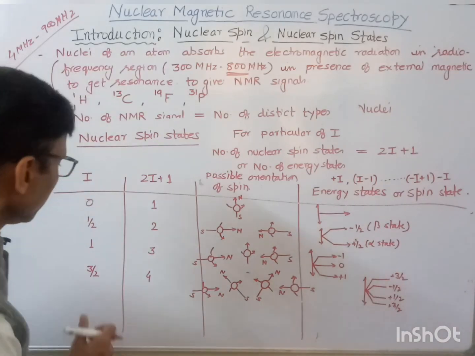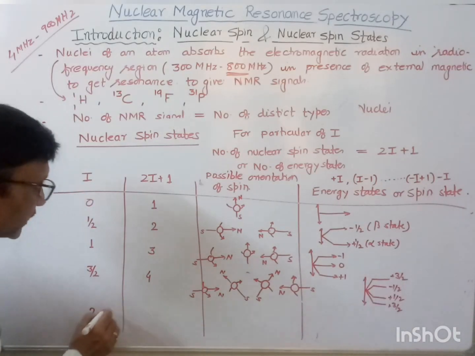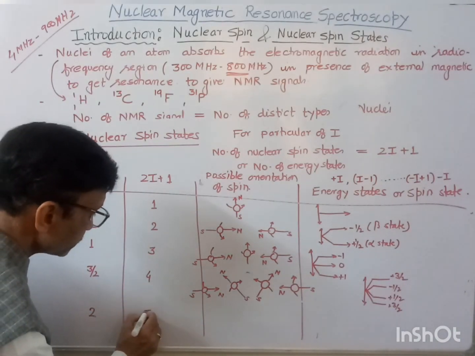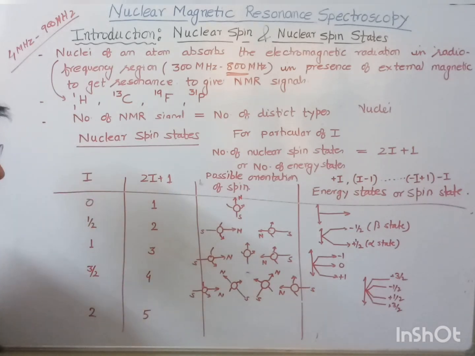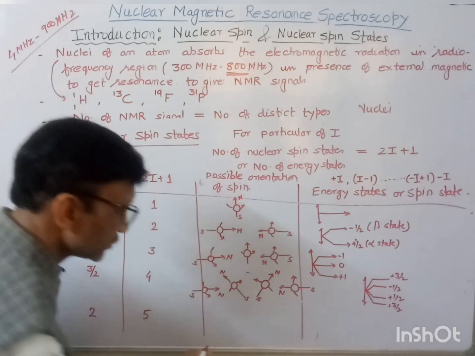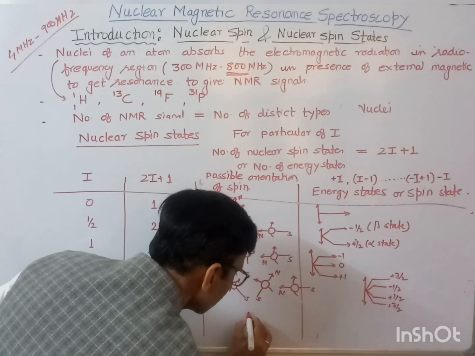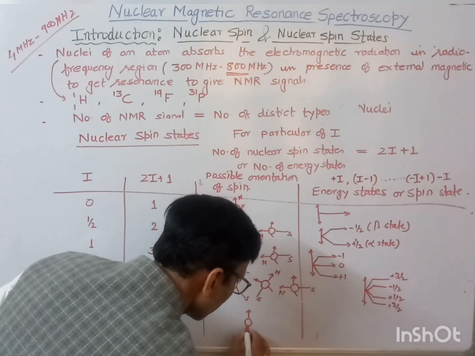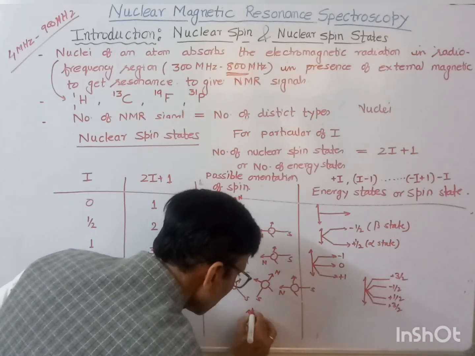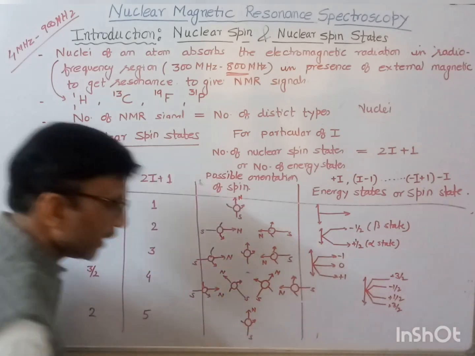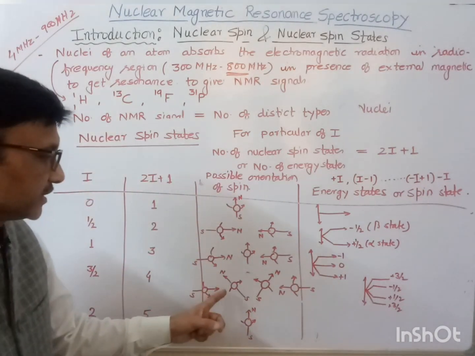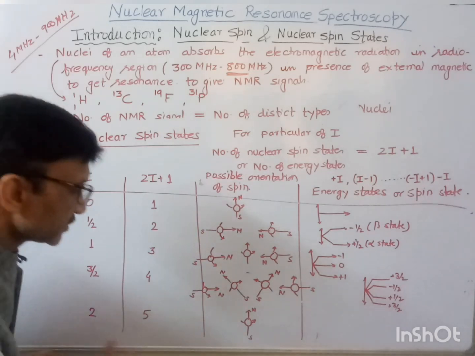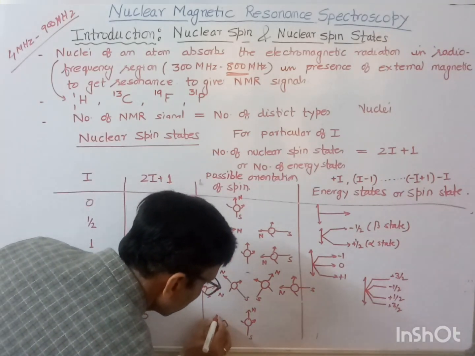In the same way, suppose I is equal to 2, then how many spin states? 5 spin states, and we may show the 5 spin states like this. This is one of the spin states, north, south, and these will be the other 4 spin states that I may show like this.